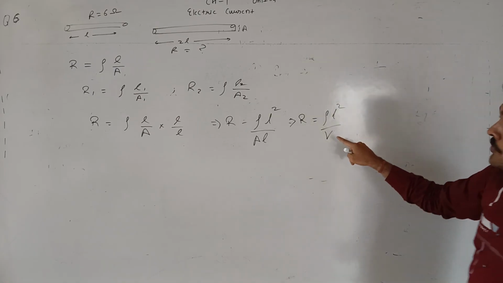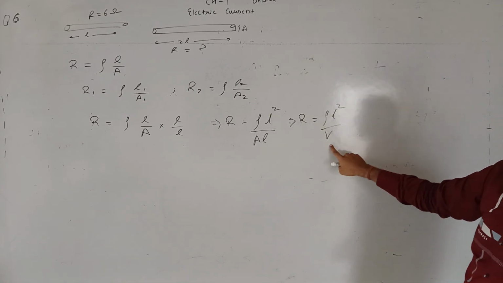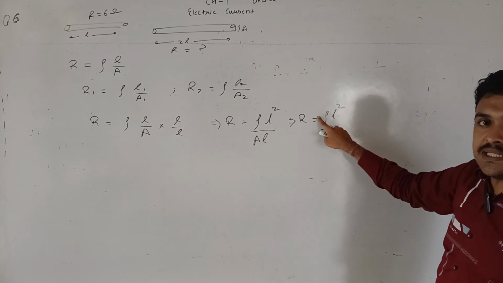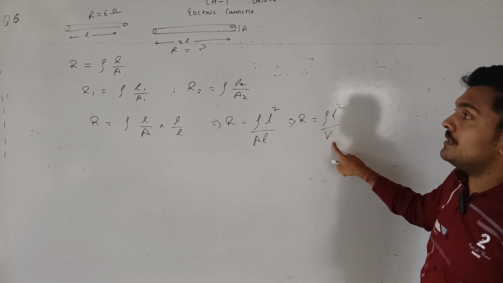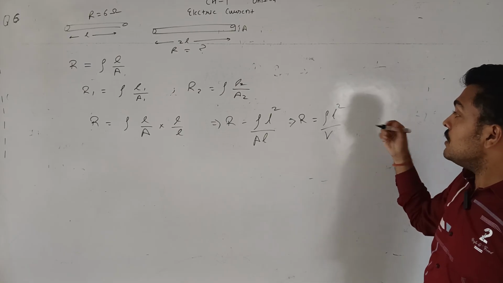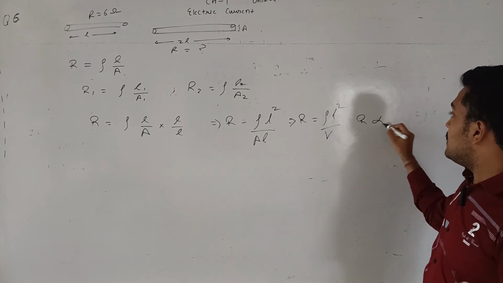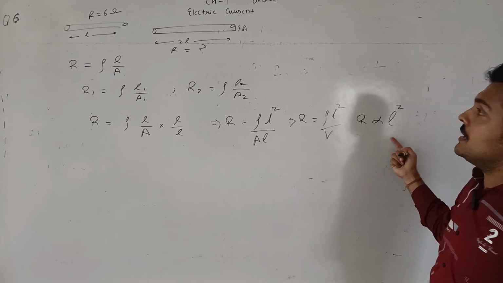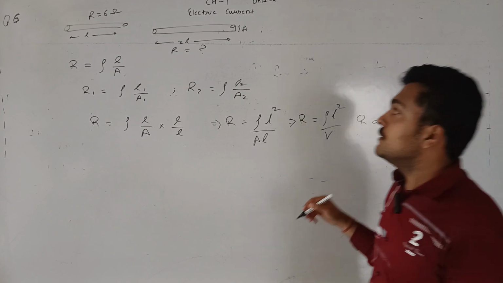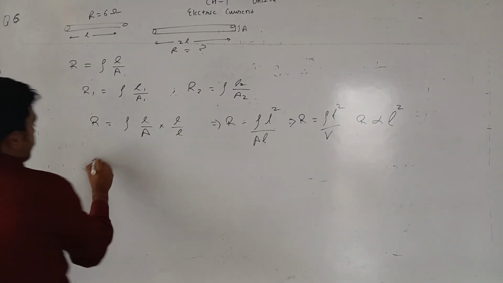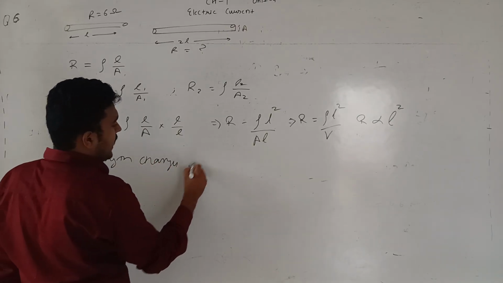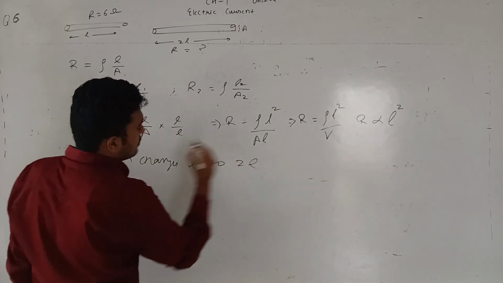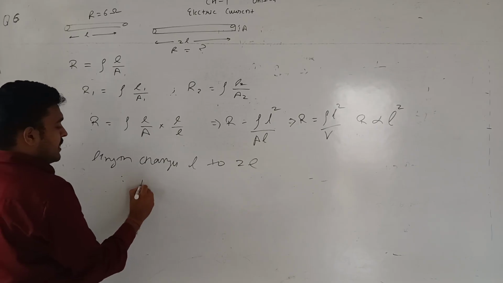Now from here we come to know V is constant, and rho is also constant because it is constant for a material. V remains constant on stretching the wire. So we can say R is directly proportional to L squared. R is proportional to the square of length. So the length changes from L to 2L.